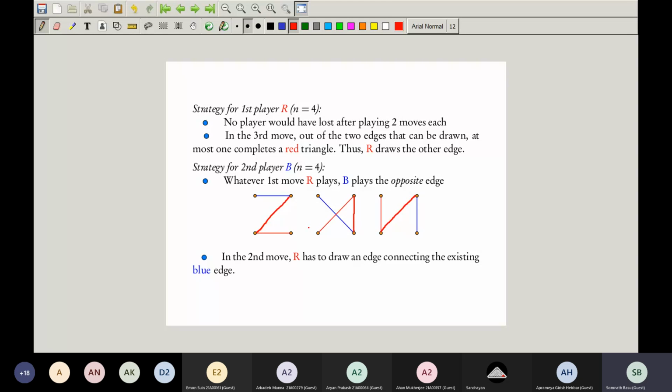So now what will happen is, what should blue play? So any guesses what should blue play as a second move? To ensure that he or she will never lose. So even though the third move is not.